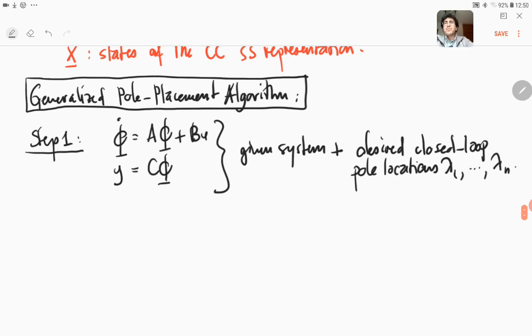Now the first step is to check whether this system is controllable or not, because otherwise a solution is not guaranteed. Check complete controllability.